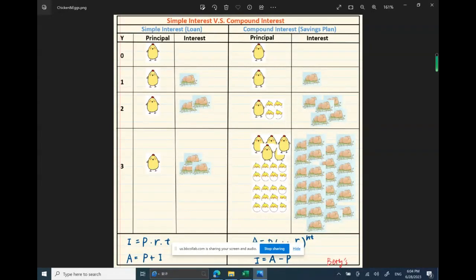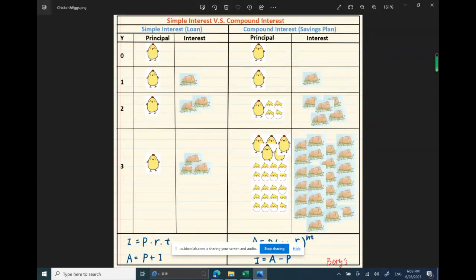Very powerful, exponential growth. And the difference between simple interest and compound interest is, in the case of simple interest on the left side, your original principal will remain the same over the years. And every year, your interest is a fixed amount of money.